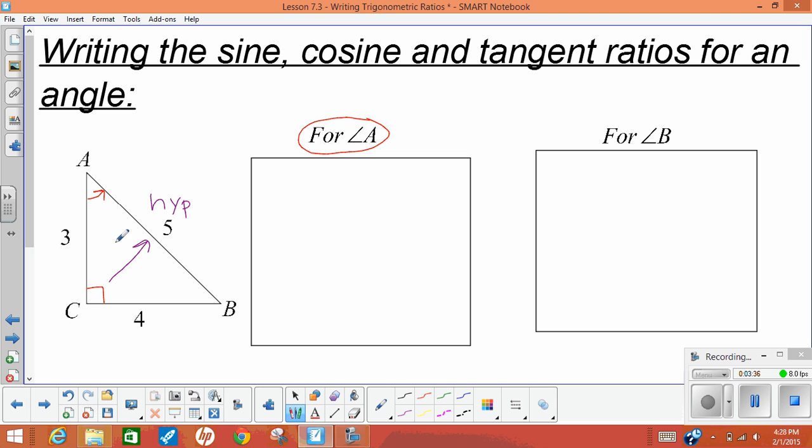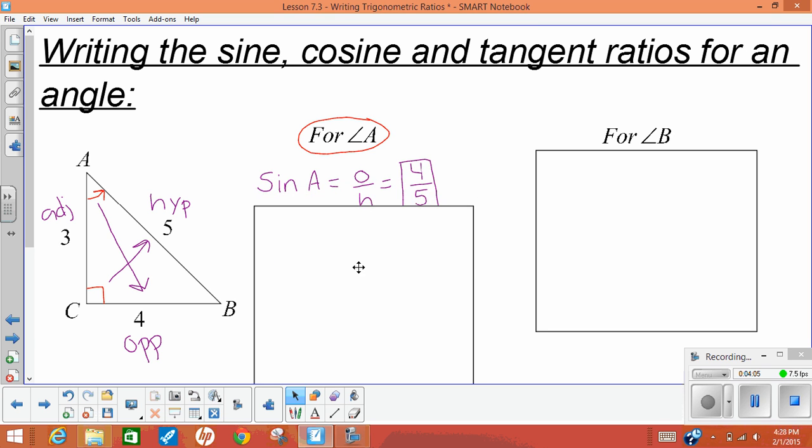And the opposite side is just like finding the hypotenuse. We're going to talk about the side that's opposite of the angle we're referring to. So in this case, if we start at A and go through the triangle, we'll find that this is the opposite side, and that leaves this side being the adjacent side. So we can now find the ratios for the three trig functions.